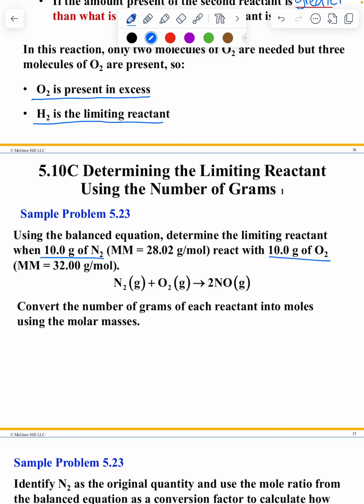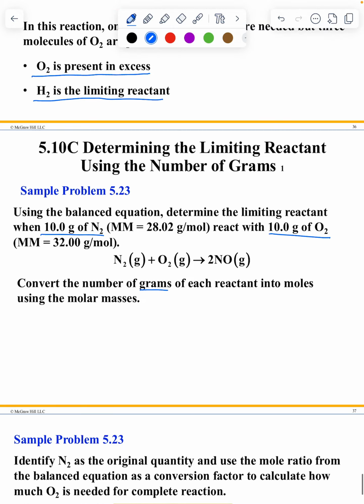So let's start with N2. We have 10 grams of N2, and we want to convert that to moles. And so we know that 1 mole is equal to 28.02 grams. And so we can do the math and see, as grams cancel, we would have 0.357 mole of N2.